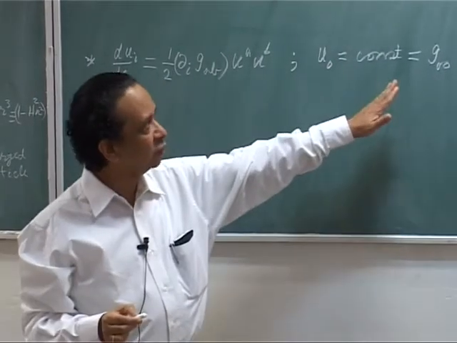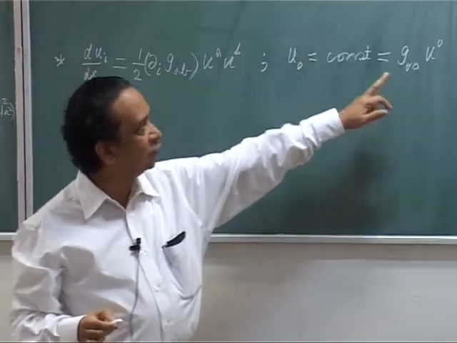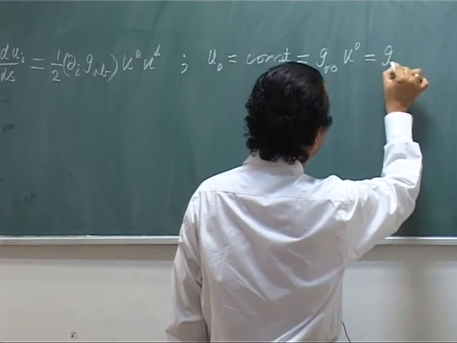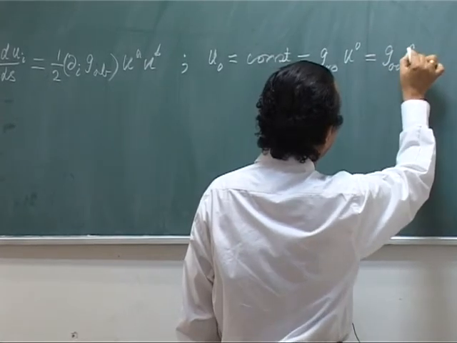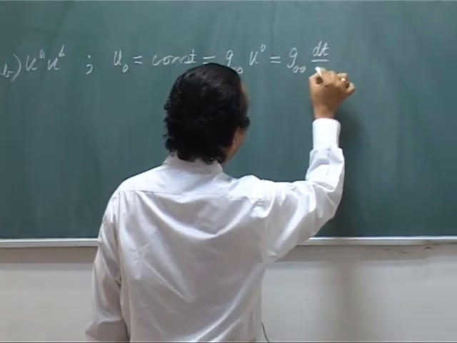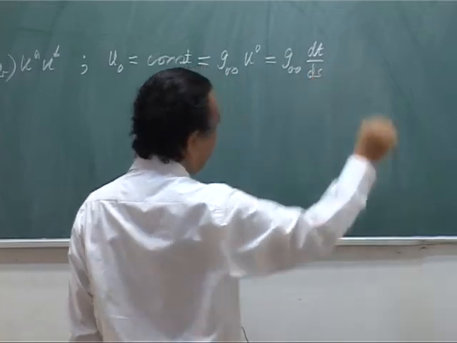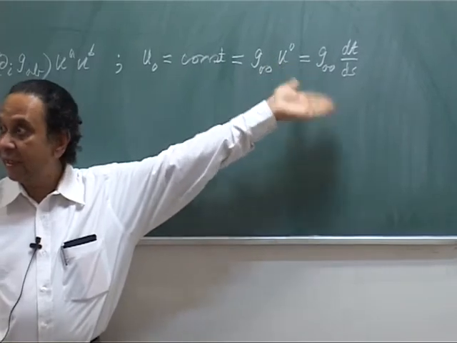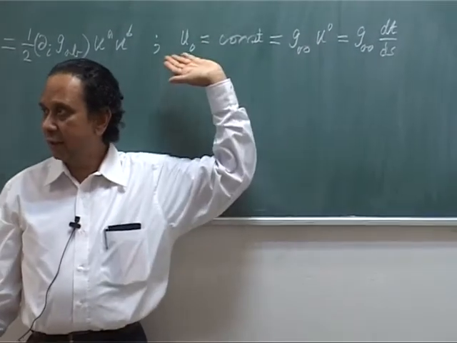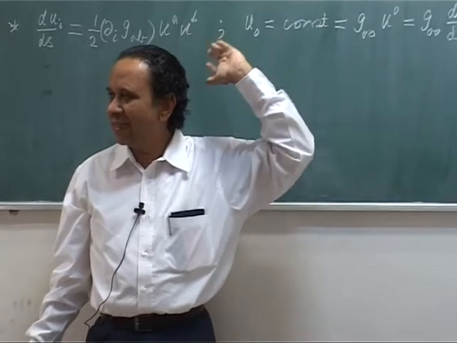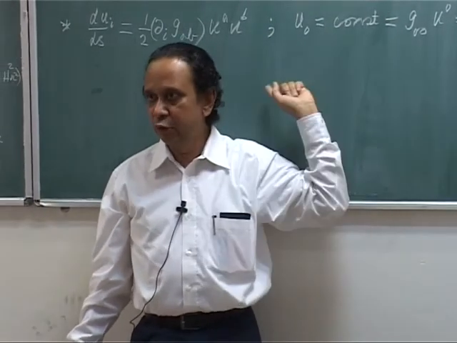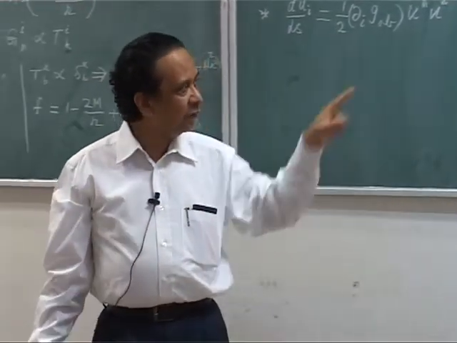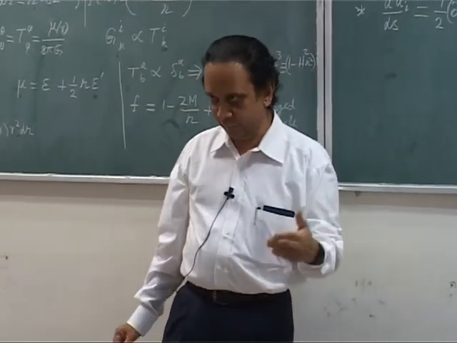This will turn out to be useful later on, but this U0, you remember the reason it will turn out to be useful later on is if I expand this out, G00, and this is dt by ds. So you immediately get a conservation law or an equation for dt by ds, because you can call this some constant as E or something, is energy per unit mass, that is what this U0 is, and then you can play with it. But before I do that, I want to make use of it in a different context.